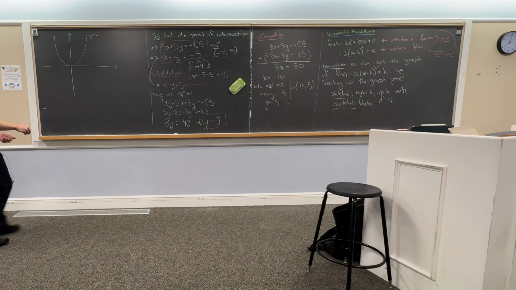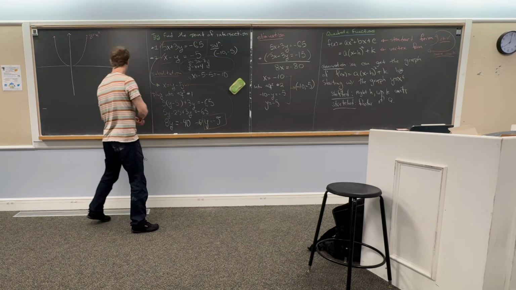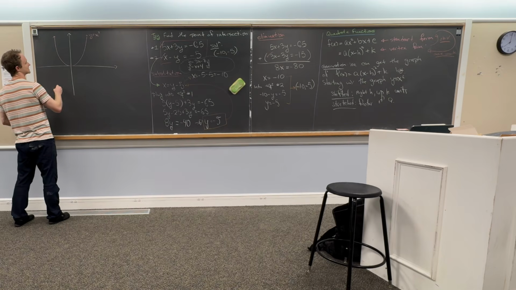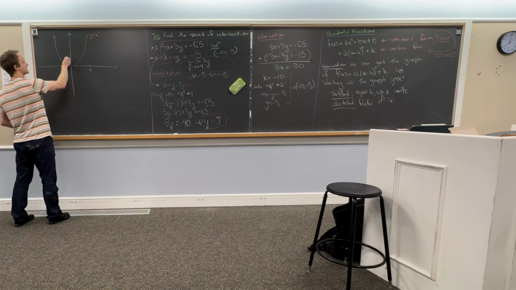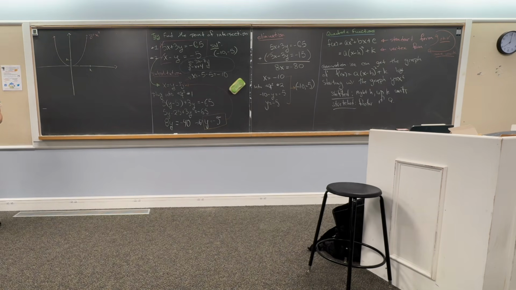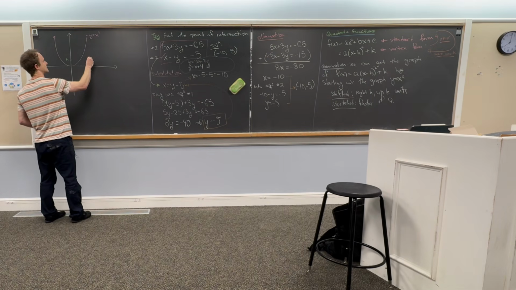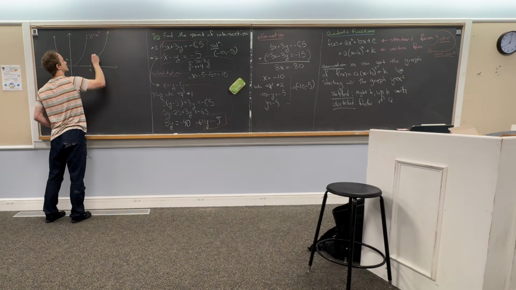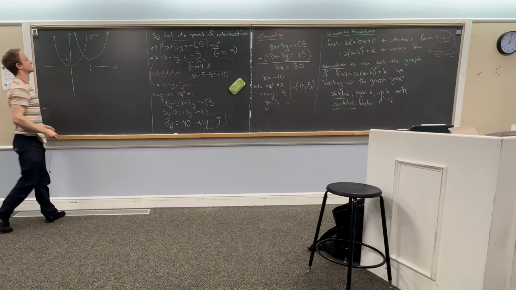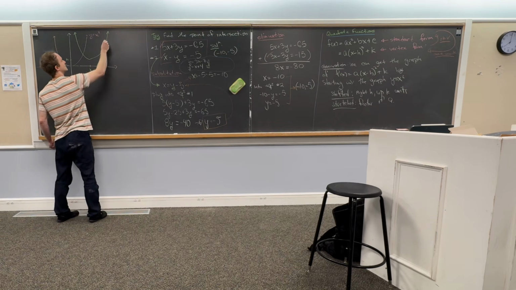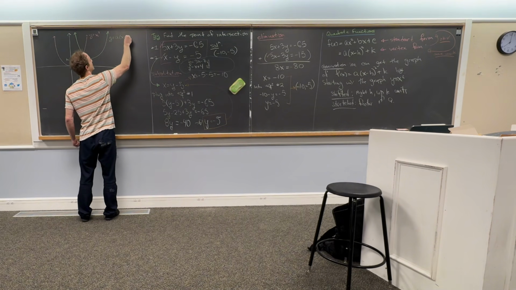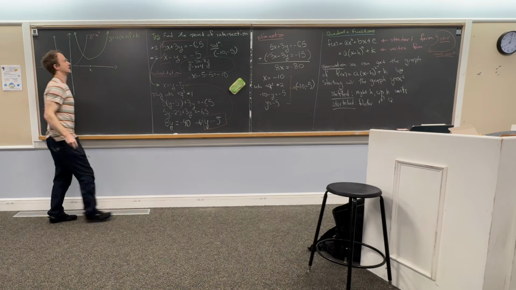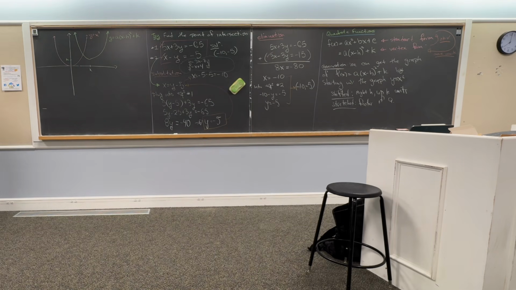And then let's shift it as described. Let's say this point right here is h, and this point right here is k. So this thing is going to go like this. So this is y equals, and I'm going to put the a in here. I didn't carefully exhibit the stretching in my picture, but this is how the translation goes.